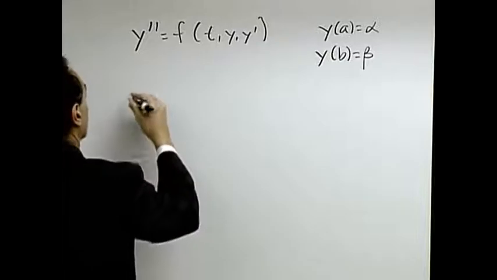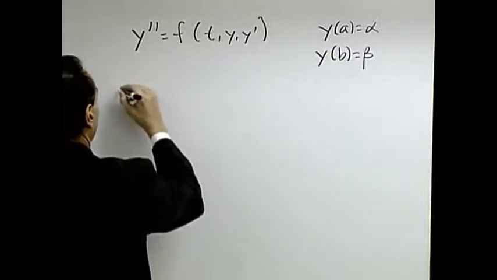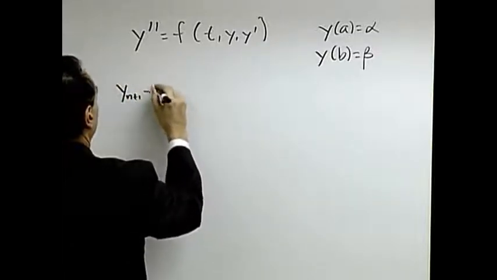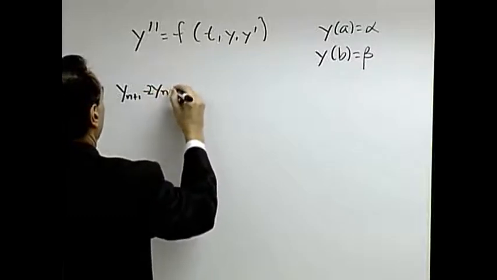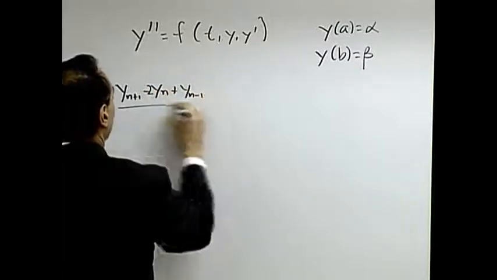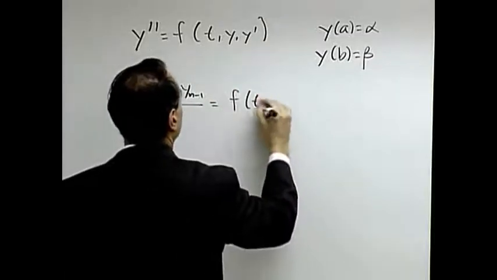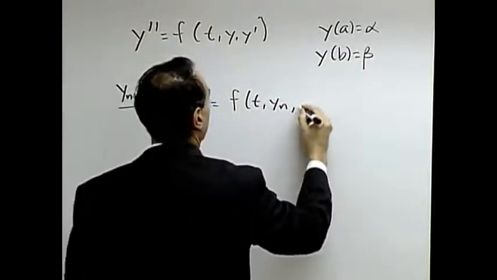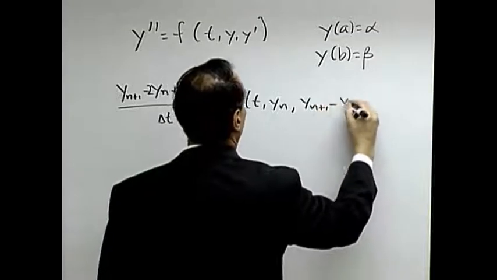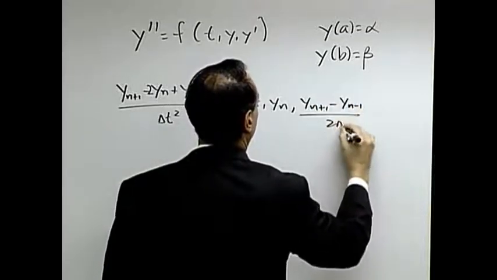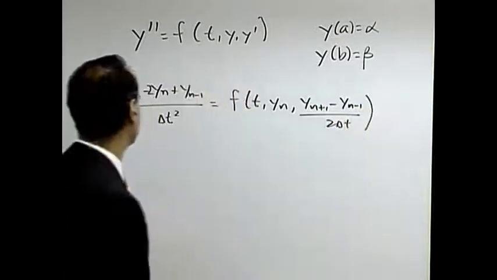You still would say, okay, let's do the following. This thing here is y of point in front minus twice the current point plus point behind, all over delta t squared, is equal to f of t, y of n plus 1 minus y of n minus 1 over 2 delta t. And I have this.